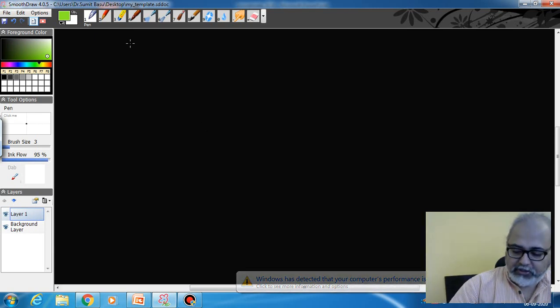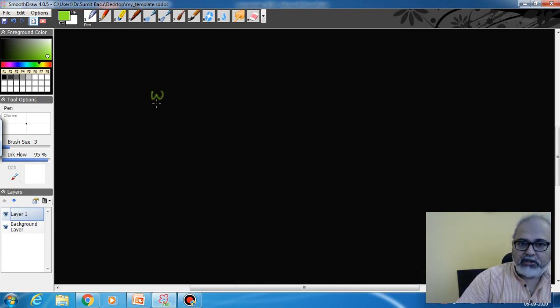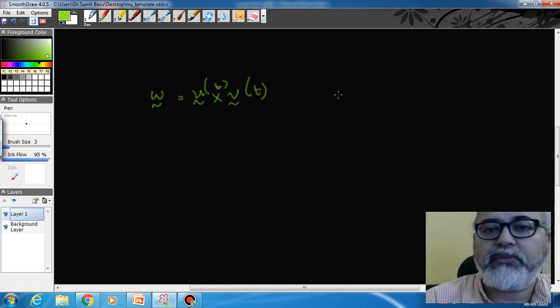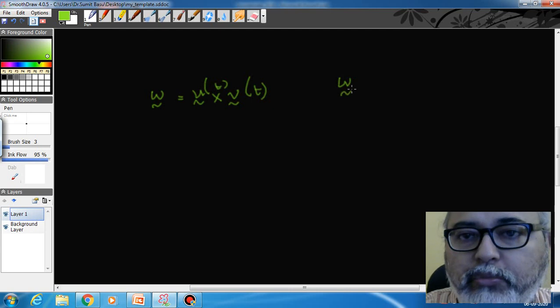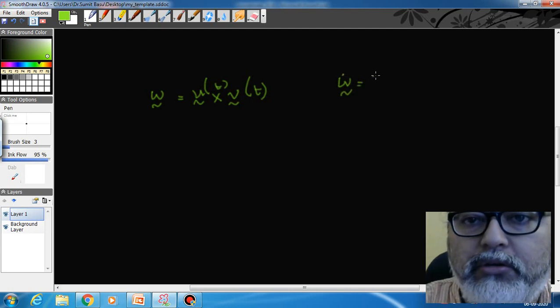We have omega, which is given by u cross v, where u is a function of time and v is also a function of time, and we have to find omega dot.